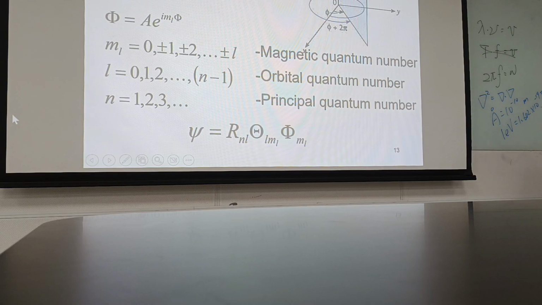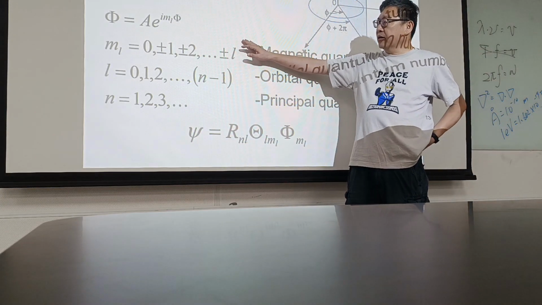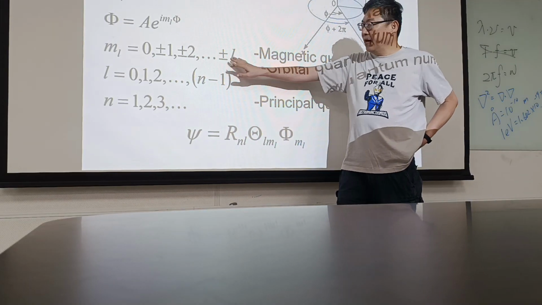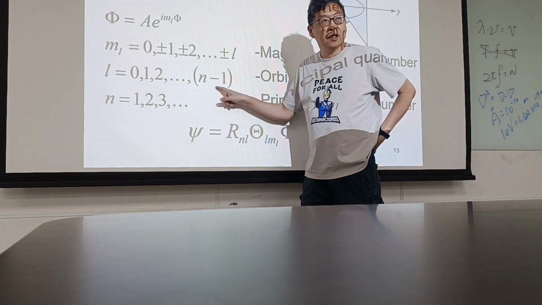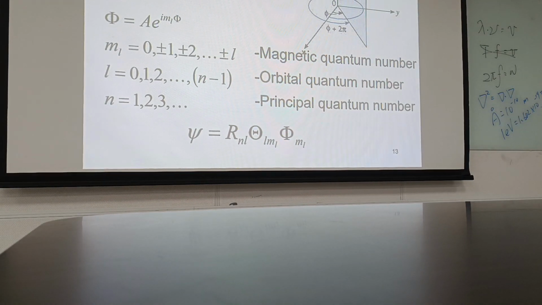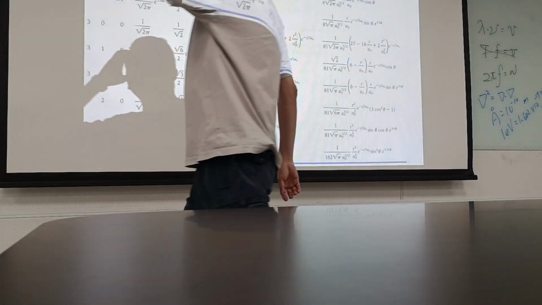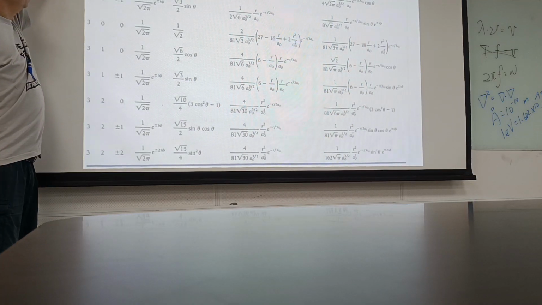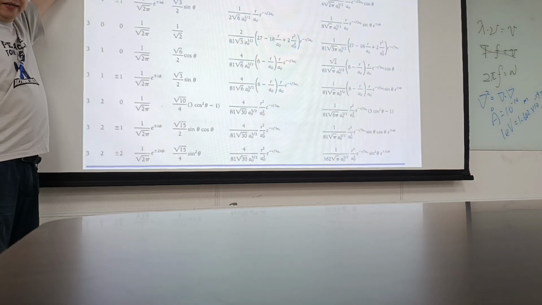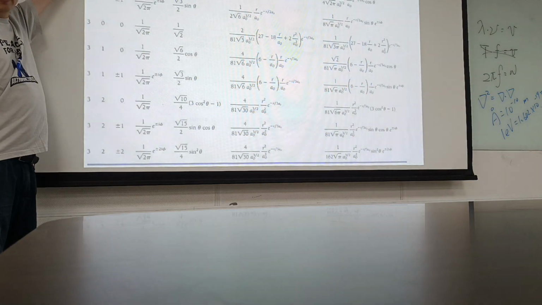So when n equals 1, 2, 3, 4, 5, L can only be from 0, positive, negative 1, positive, negative 2, up to L. L equals 0, 1, 2 until n minus 1. That's why in this table, when n equals 1, L can be only 0, because L equals 0 to n minus 1, and 1 minus 1 is 0.